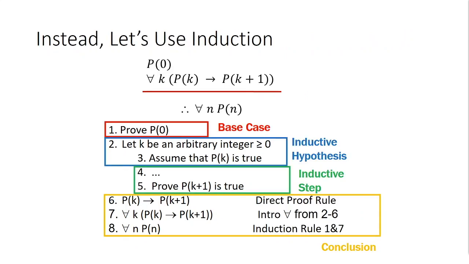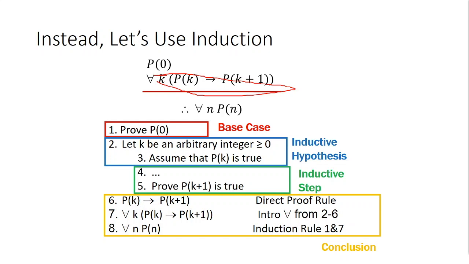So let's look at it. We have the rule of inference with induction. In this case, we need to find the base case first. Then we have to make this inductive hypothesis. We have to find k, and we have to set the k. K is some arbitrary number, and we have to assume P of k is true, and connect them with the implication over here: P of k implies P of k plus 1 is true.